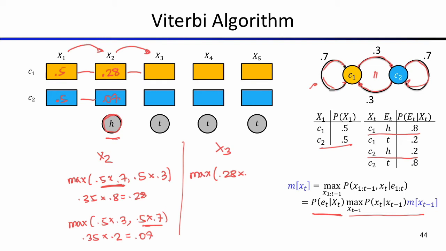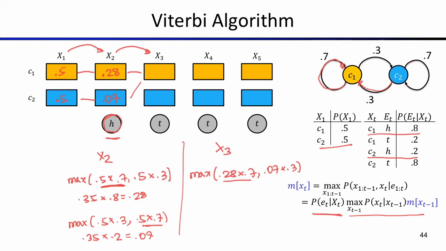Let me just erase this. Otherwise, it's going to be more difficult to explain. Okay, so the probability of staying in C1 is going to be 0.7. Or on the other side, it came from here that has this very small probability times the probability of switching, that is this guy here, 0.3. So, okay, yeah, the maximum is going to be this guy here for sure.